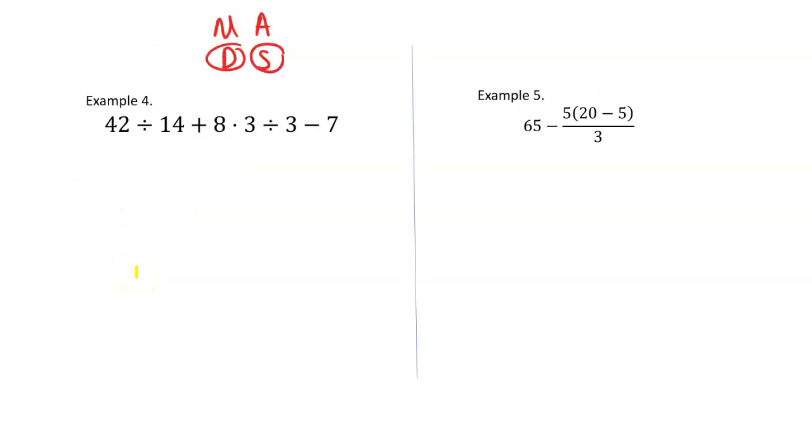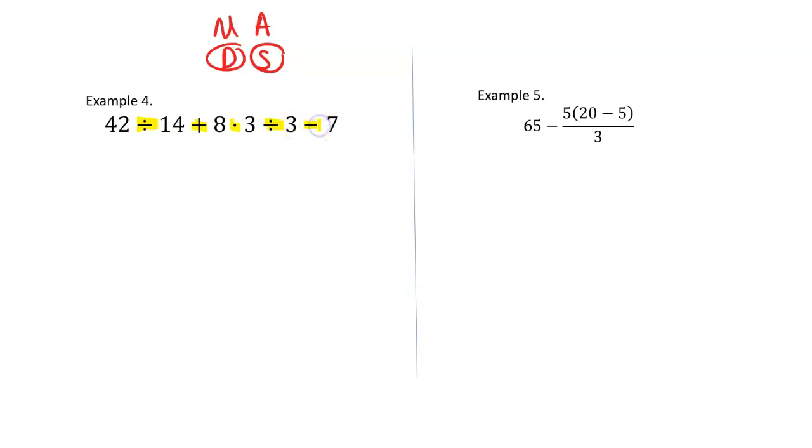All right, let's look at another 2 examples here. Again, in this case, we don't have any parentheses or exponents. We have addition, multiplication, division, and subtraction. First of all, we go from left to right and look at all the operations. We have division here, addition here, multiplication, division, and subtraction.